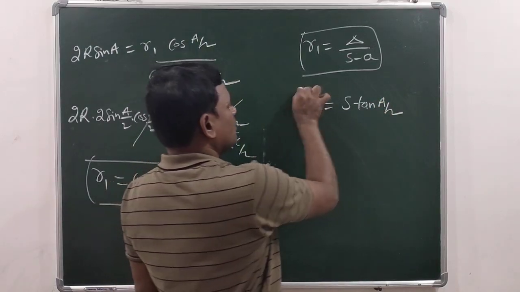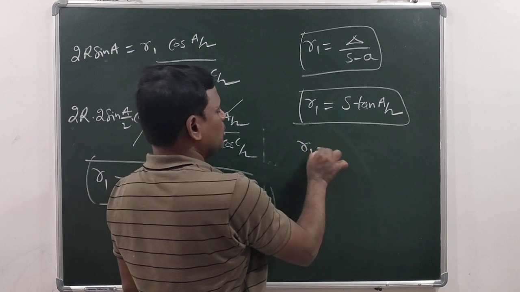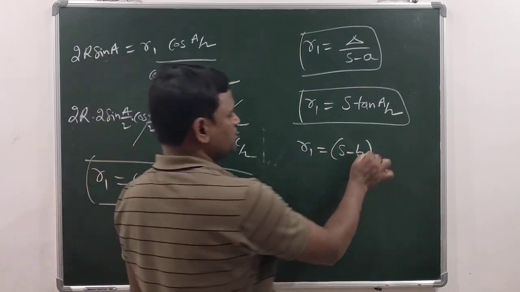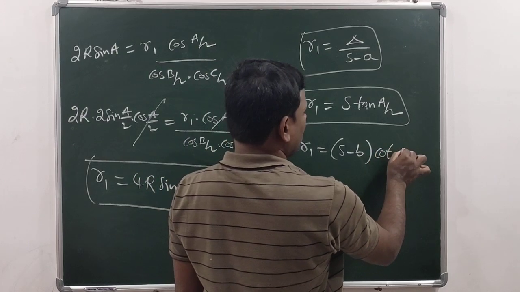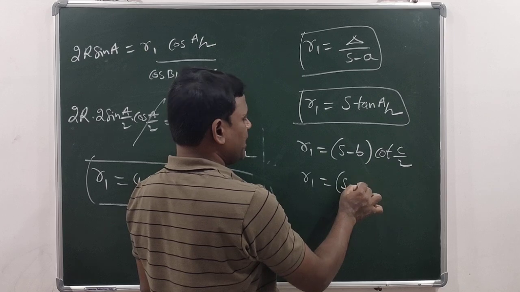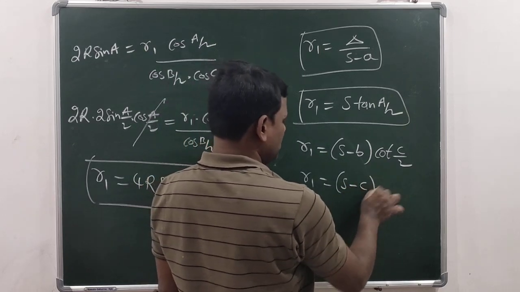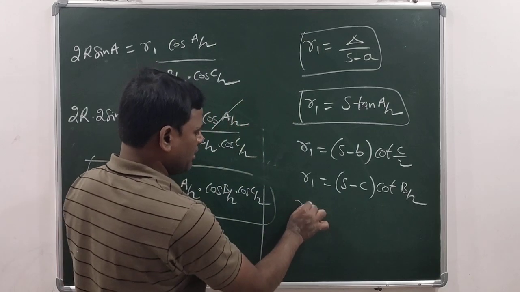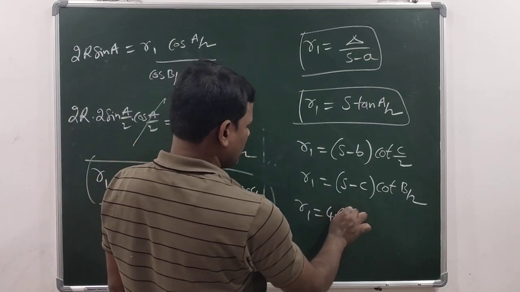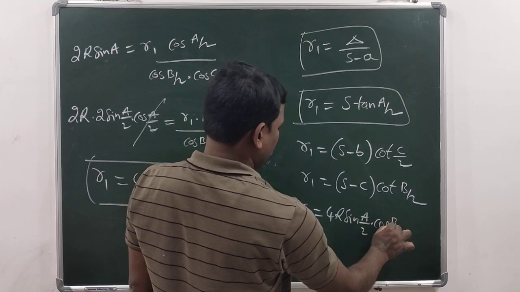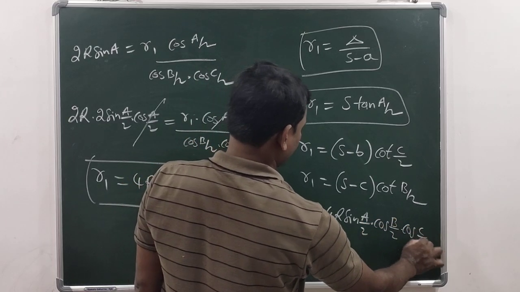Similarly, r1 is equal to (s minus b) cot(C/2), and r1 equal to (s minus c) cot(B/2), and r1 equal to 4R sin(A/2) cos(B/2) cos(C/2).